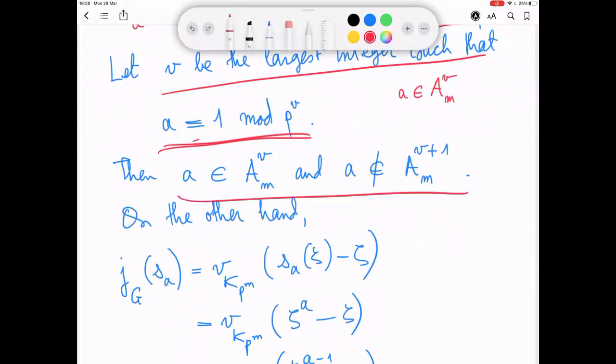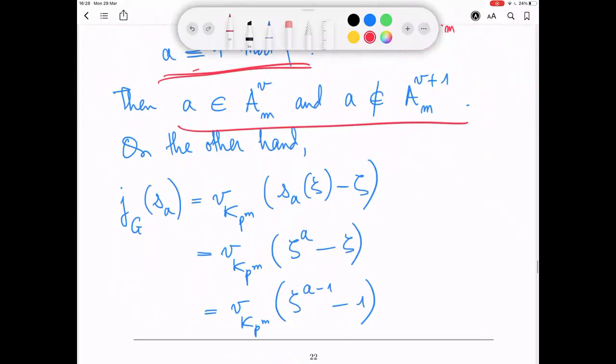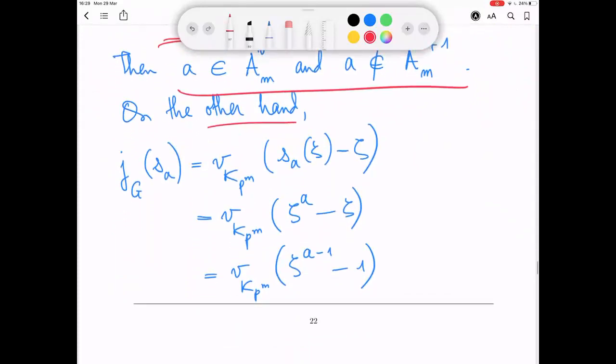Right. Okay, so I've written it here. On the other hand, what is i_G of s_a? Remember the definition of i_G? It was the valuation of s_a(zeta) minus zeta. So why is this zeta coming here?